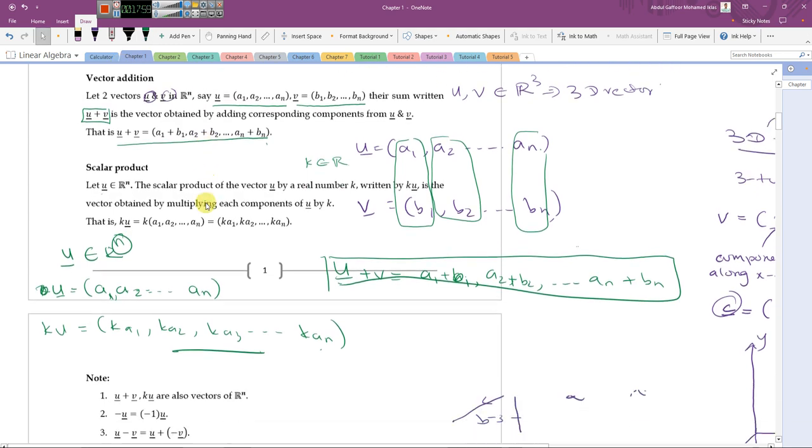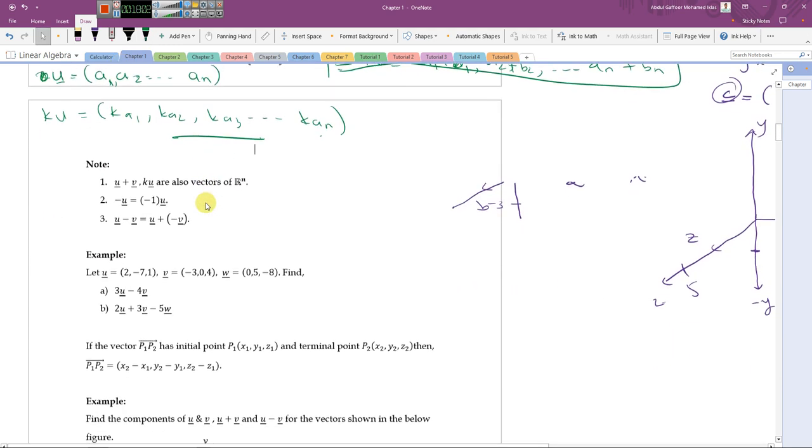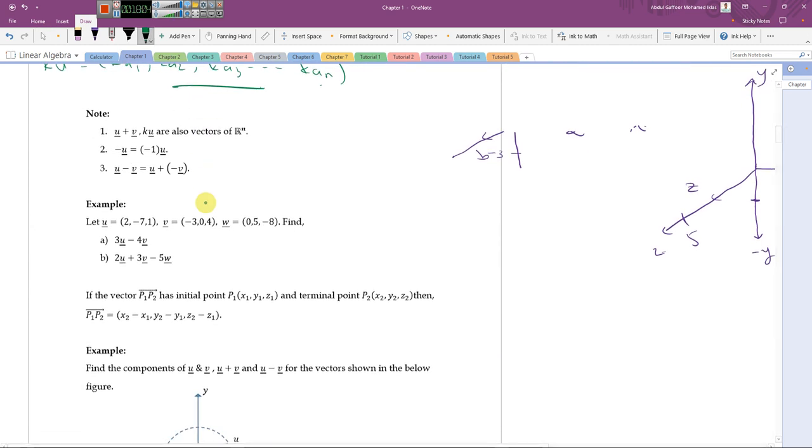Okay, the next thing is a note. Now u plus v and ku are also vectors of Rn, right? If you take u and v from Rn, then the resultant vectors of u plus v and ku will also belong to this vector space, right?